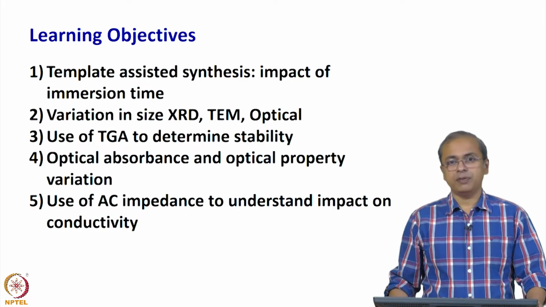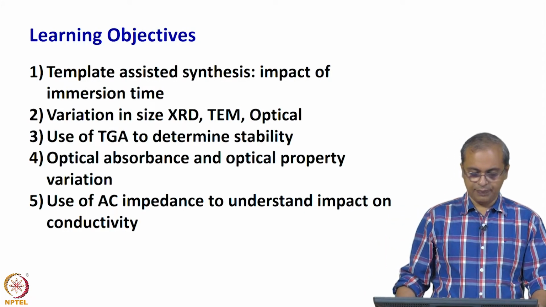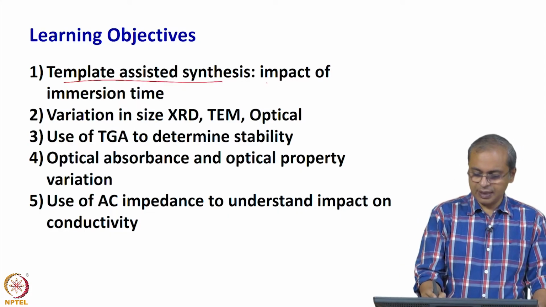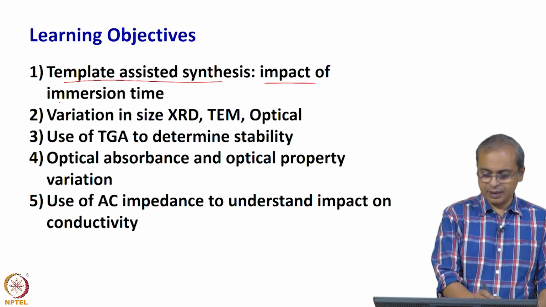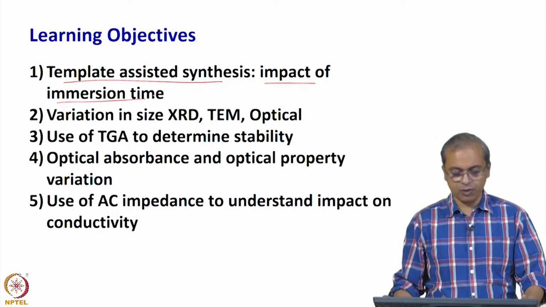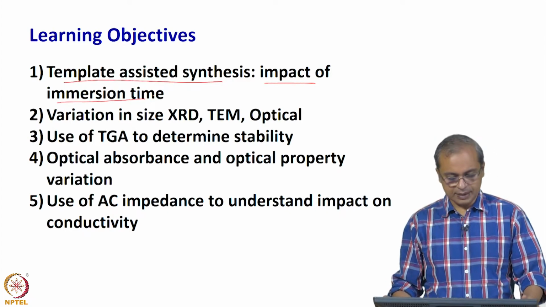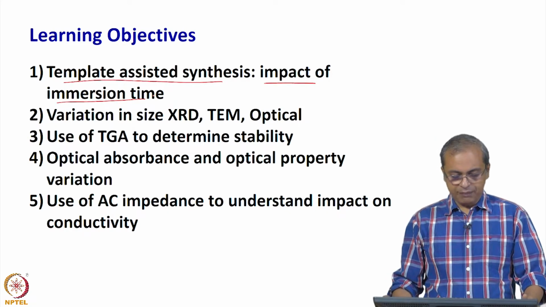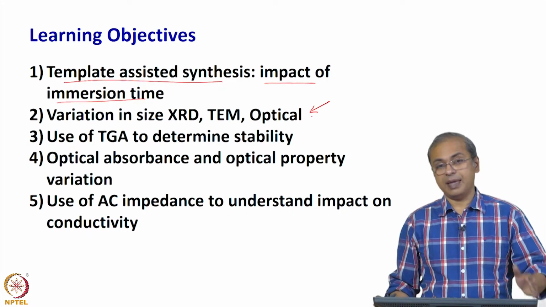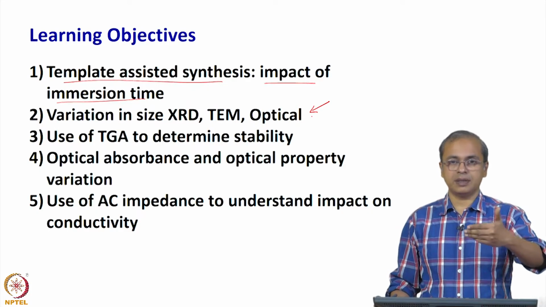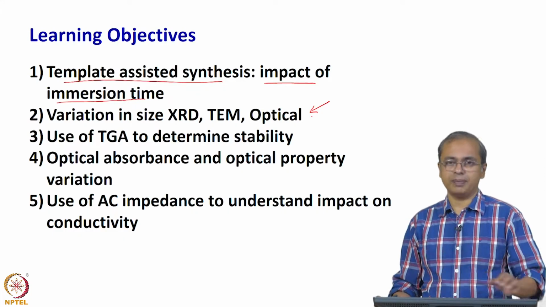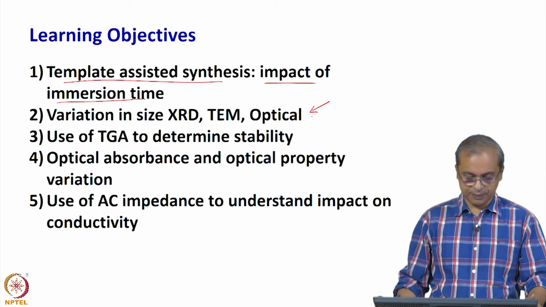Our learning objectives for this class are to look at the template assisted synthesis process from the perspective of the impact of immersion time on the synthesis process. We will look at variation in size as a function of these synthesis process parameters, as obtained from XRD, from TEM, and from some optical approaches.